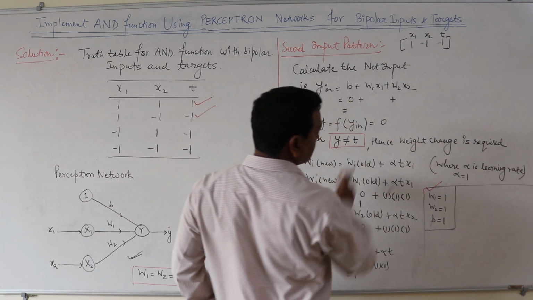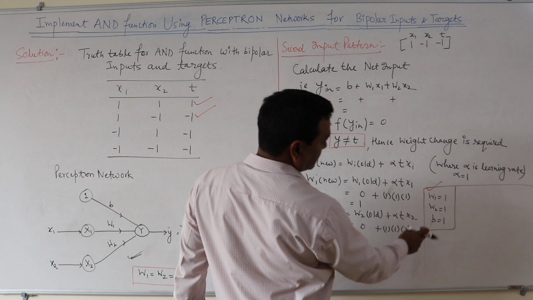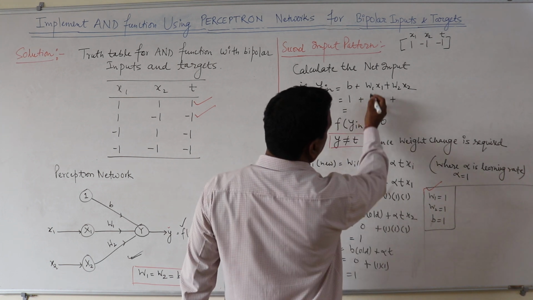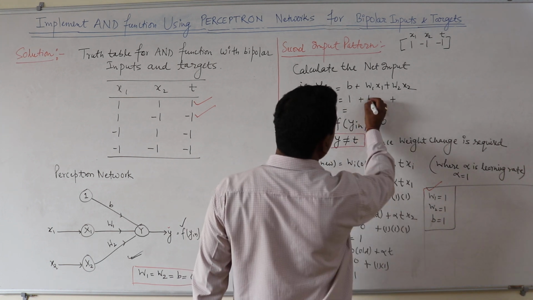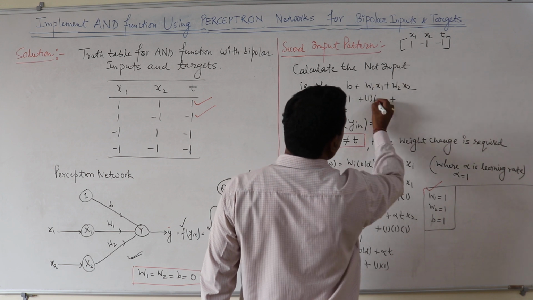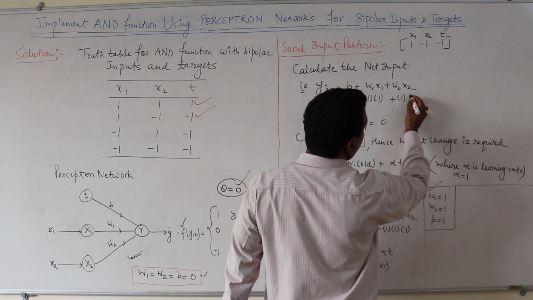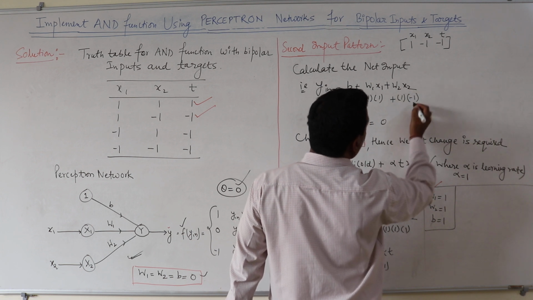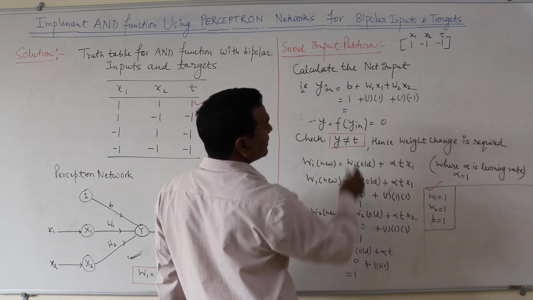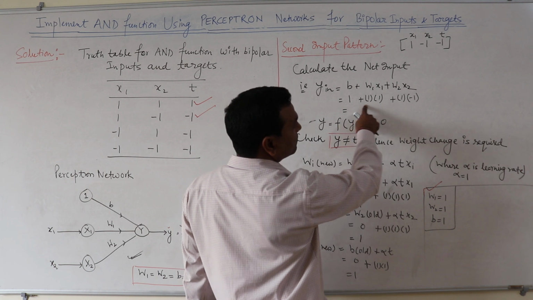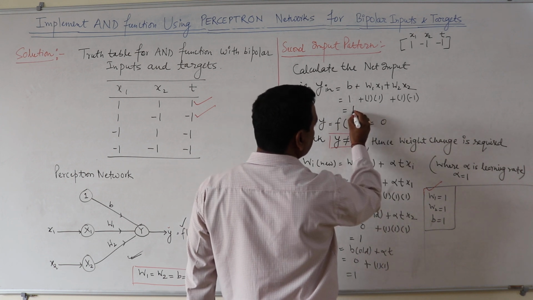So B is 1, W1 is also 1, x1 is 1, W2 is 1, x2 is minus 1. So it will be 1 plus 1, 2, minus 1, so this is 1.